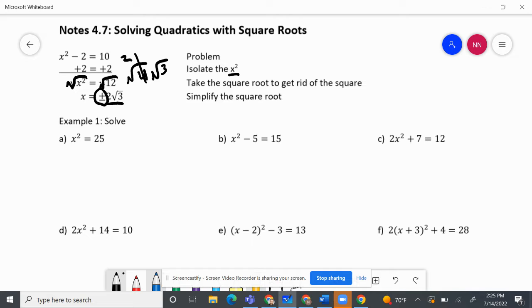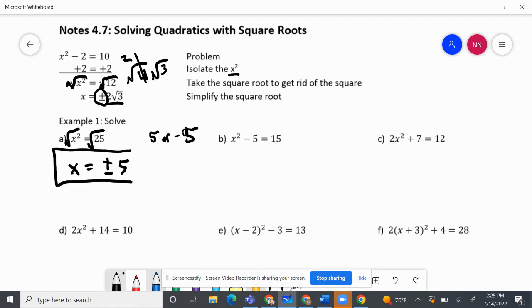Here, in order to get rid of the square, we take the square root, and the square root of 25 is going to be 5 and negative 5. And we talked about just putting a plus or minus. Or if you want to write it out, you could put 5 or negative 5. Either one is fine.